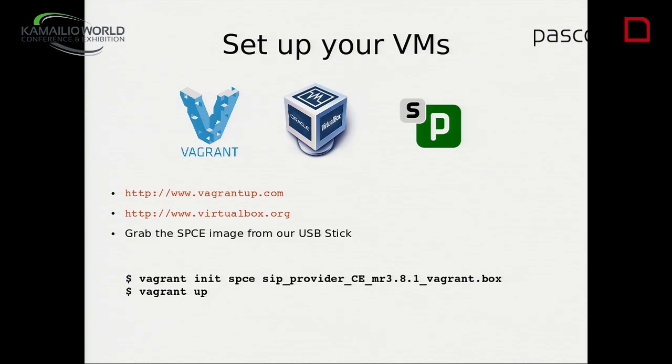We should have some USB sticks if one of you wants to grab the files. The only thing we need to do is download and install Vagrant and VirtualBox, and then run these two commands to bring up the virtual machine.